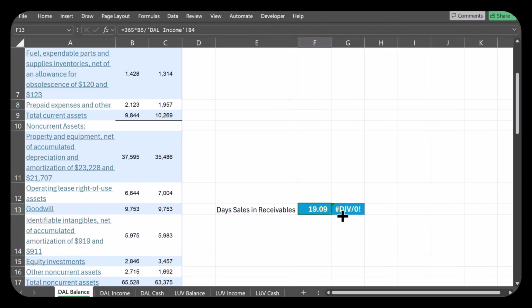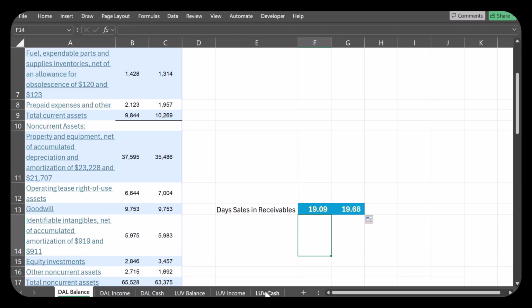Turns out it takes them about 20 days. That is not too surprising. These companies do most of their businesses with either credit cards or through intermediaries like Expedia, this and that, or through travel agencies. So it doesn't take them too long to get those.